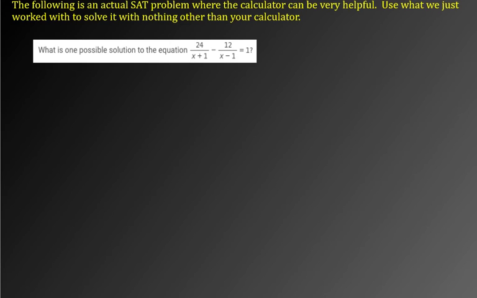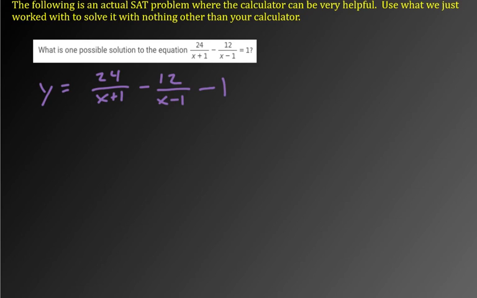So I would go to the y equals menu and type in 24 over x plus 1, minus 12 over x minus 1, and then minus 1, all right?